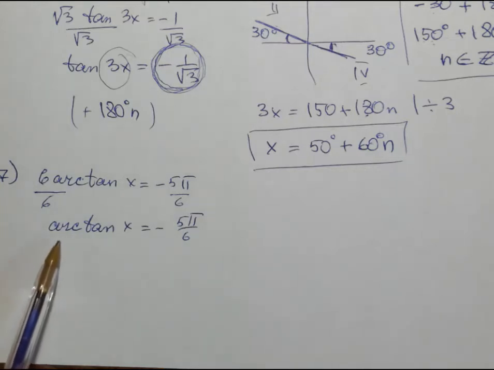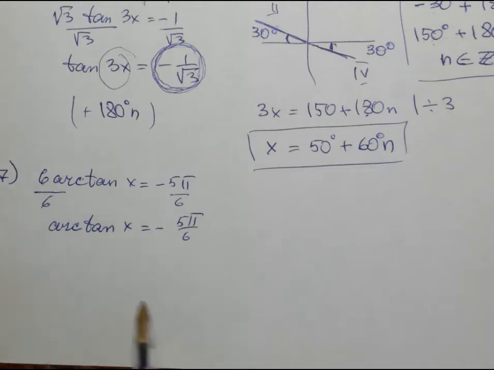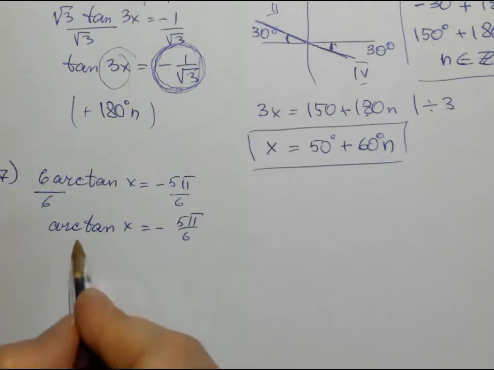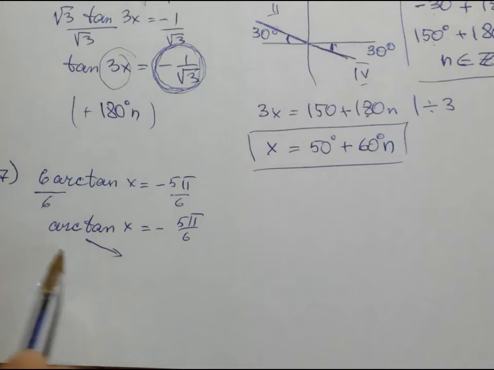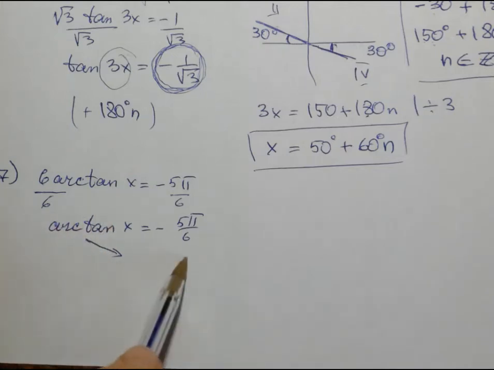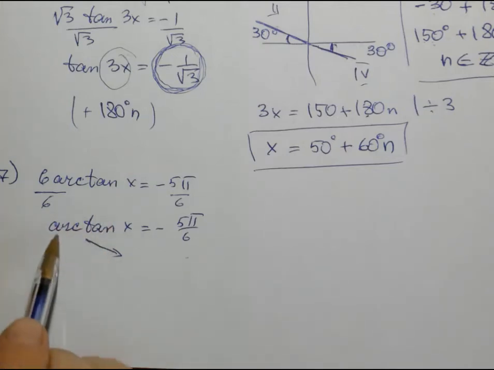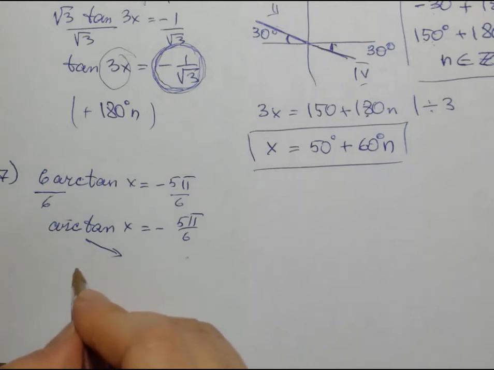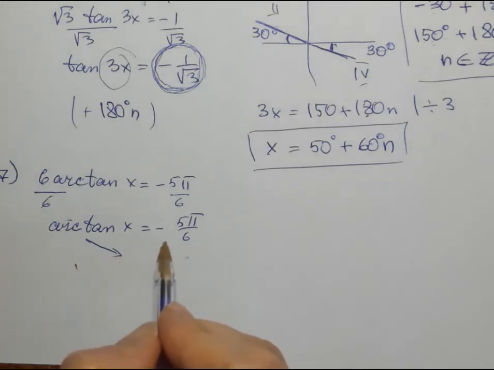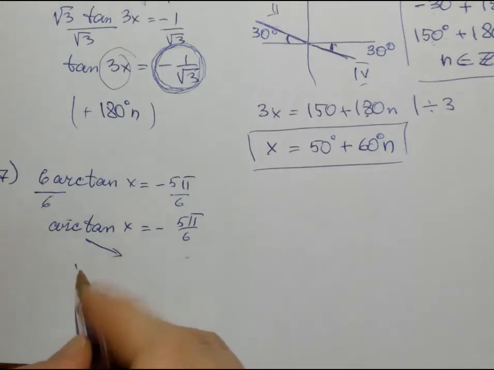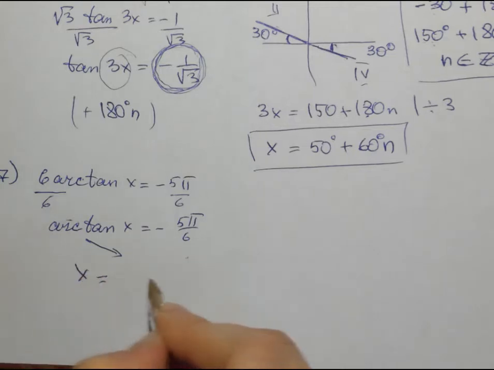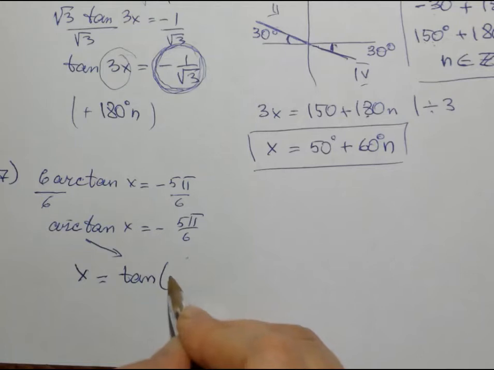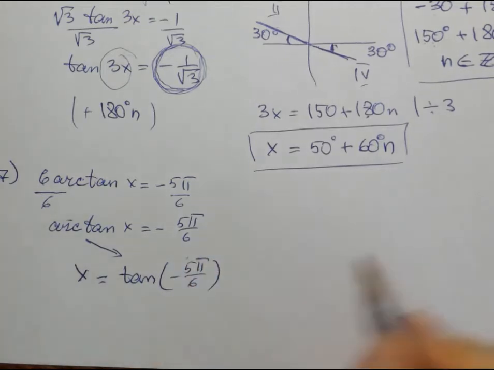The next step when we deal with an inverse function, we must write it without the inverse function. So we move the trigonometric function to the other side of the equation without arc. So arctangent x equals negative 5 pi over 6 means that x equals tangent of negative 5 pi over 6.